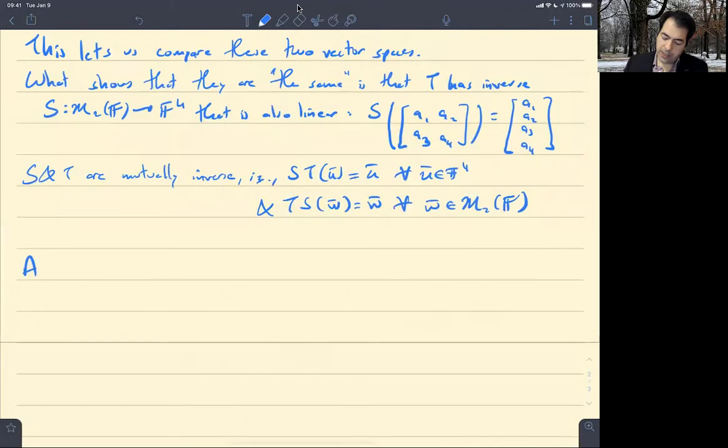Okay, we really care about this sort of map, so we give it a name. An invertible linear map is called an isomorphism.